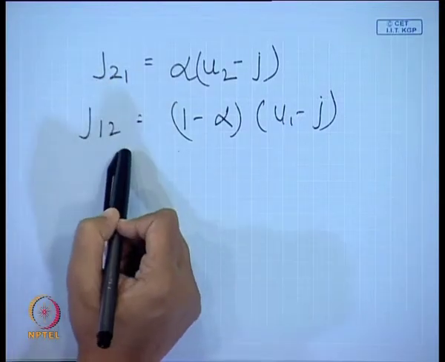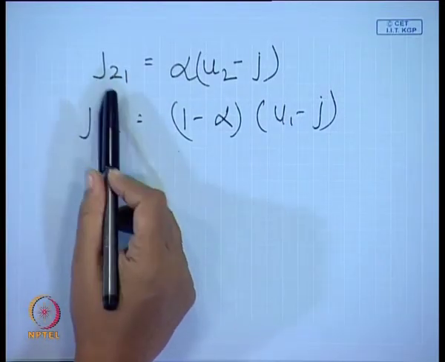So, therefore, we would like to derive or obtain expressions relating the drift flux and the relative velocity. And also we would like to see what is the relationship between J21 and J12.